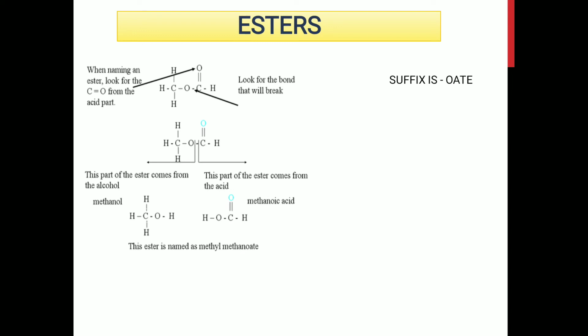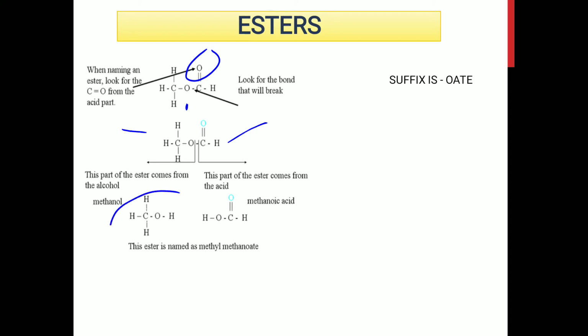So when naming the ester, look for the C double bond O from the acid part and look for the bond that will break. Which bond will break? This particular C-O bond will break. After breaking this C-O bond, you will get two parts. The first part of the ester comes from the acid, and the second part comes from the alcohol, right?